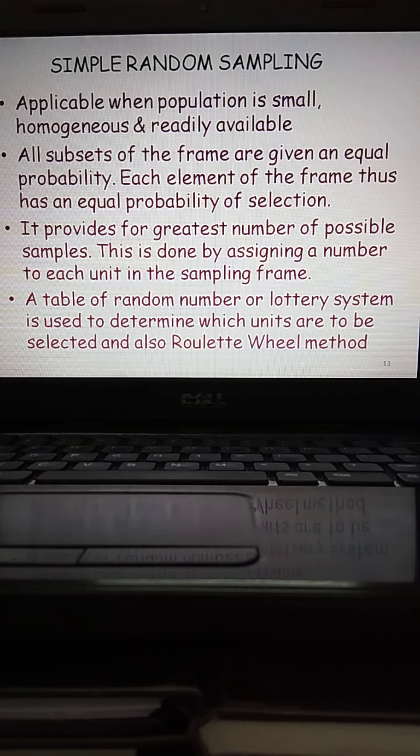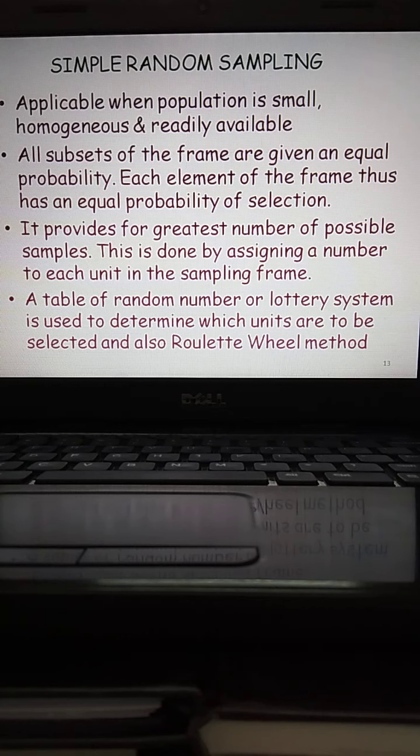It provides for the greatest number of possible samples. This is done by assigning a number to each unit in the sampling frame. Most of the time in simple random sampling, before starting this method, all the units of the population should be given labels, especially the numbers 1, 2, 3, 4, like that. Understand?